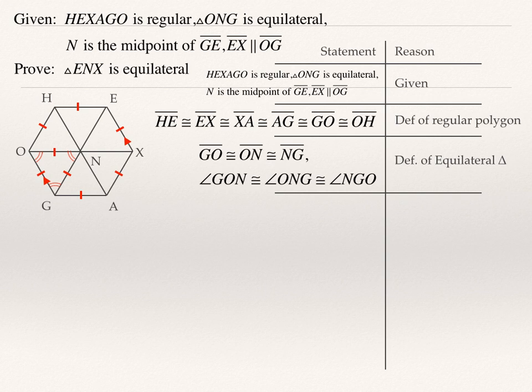And we're still not quite done here, right? Now we're doing good. Now, when we look at this, angle OGN and angle XEN are congruent because, if we take a look at the diagram, they are actually alternate interior angles.